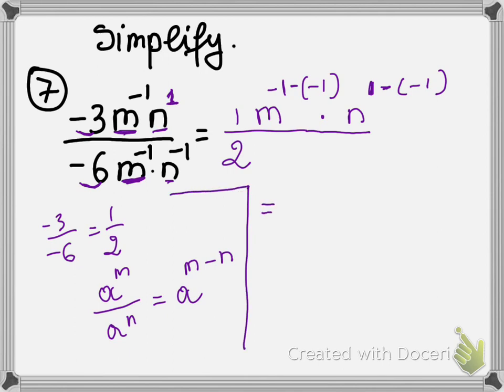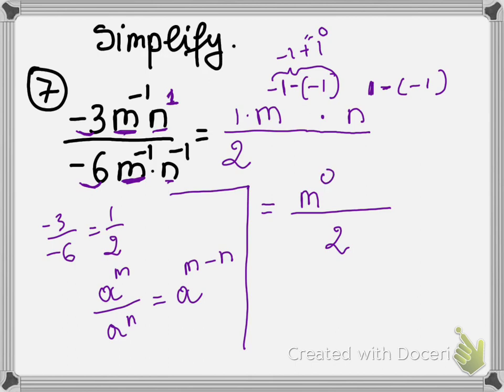So let's simplify this one. Denominator we have 2. 1 times any number will not change the value, so we can kind of ignore the 1. Then we have m. 1 minus negative 1 is negative 1 plus 1, which is 0.